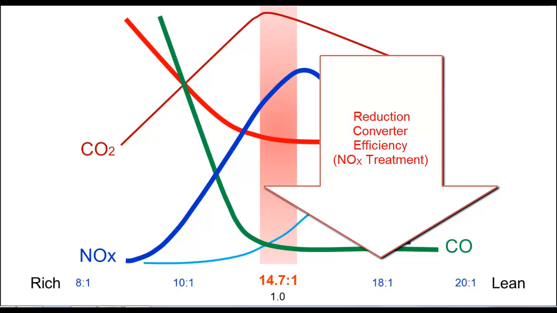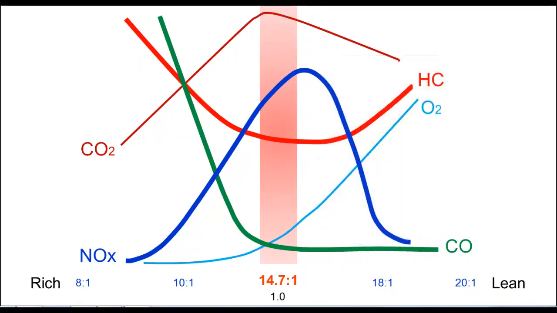Oxides of nitrogen emissions remain high. Carbon dioxide is off-peak at 12.3%. Remember, the catalytic converter increases the levels. Oxygen is high at 4.15%, indicating leanness. Lambda at 1.23 indicates leanness.